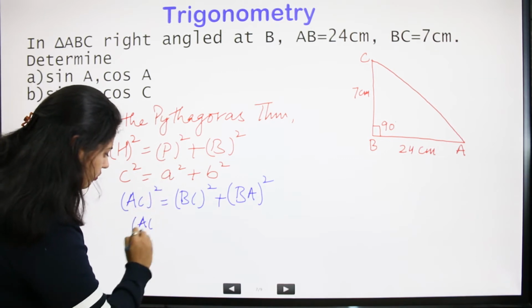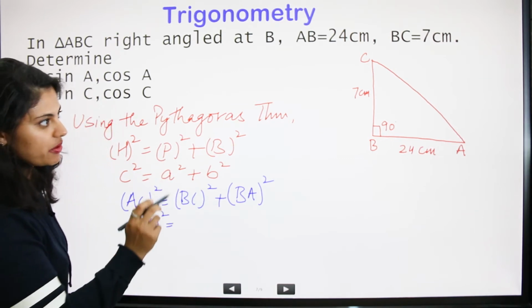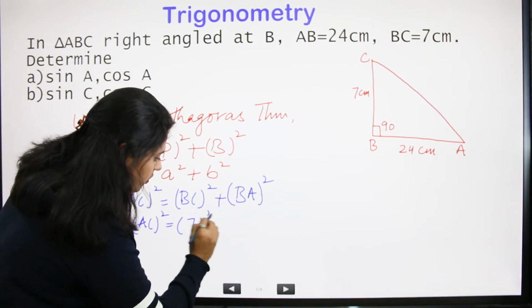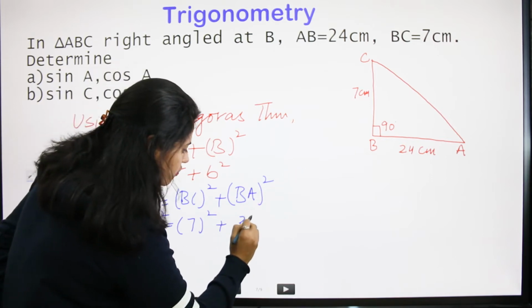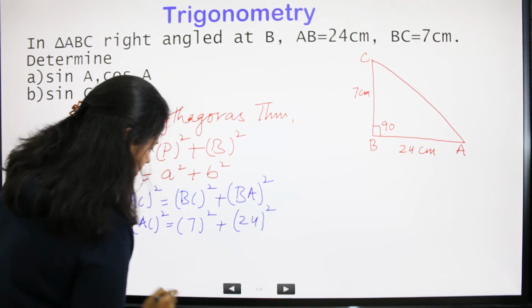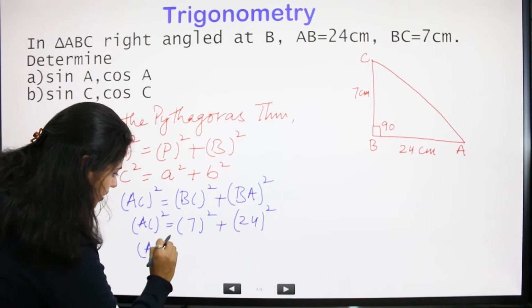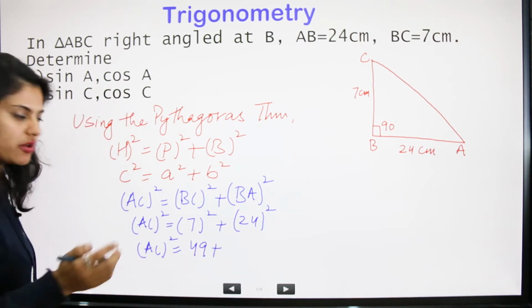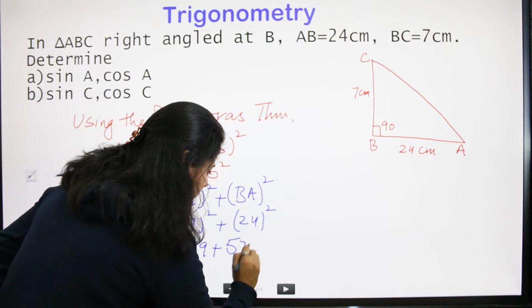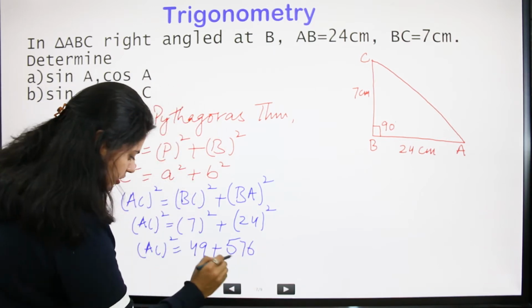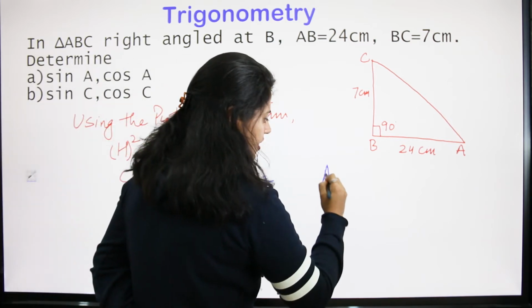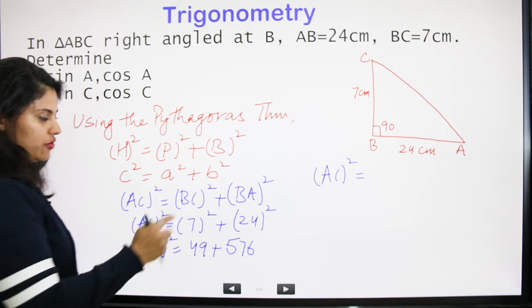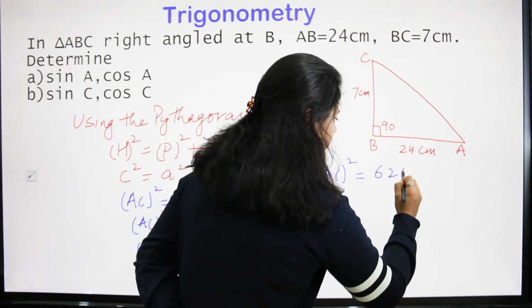So AC square equals 7 square plus 24 square. 7 sevens are 49 plus 24 times 24, which gives 576. When you add 576 plus 49, you get 625.